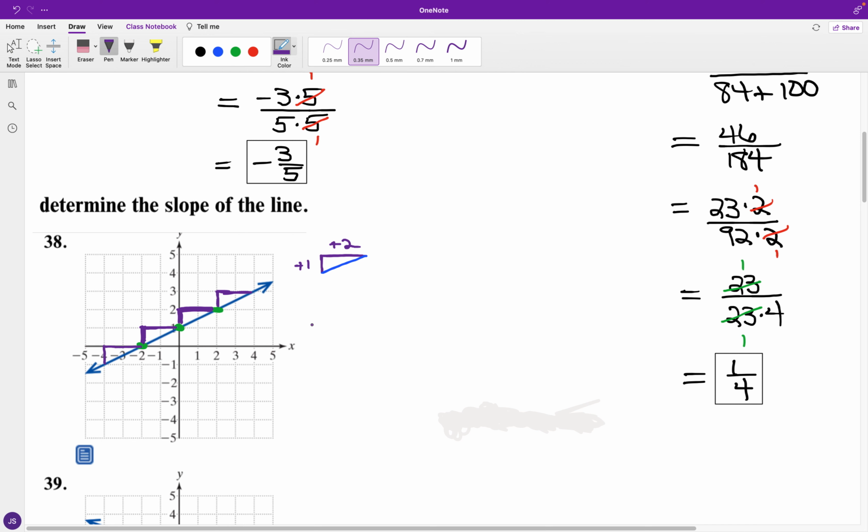So we'll have for the slope itself, you're looking at the vertical change with respect to the horizontal change.